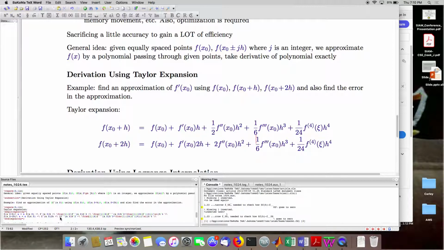Here we have 8h cubed over 6, so that's going to be 4/3 h cubed. And then here I have 2h all to the fourth, so that's 16h to the fourth over 24, so that's going to be 2/3.